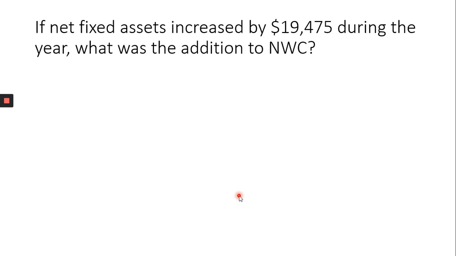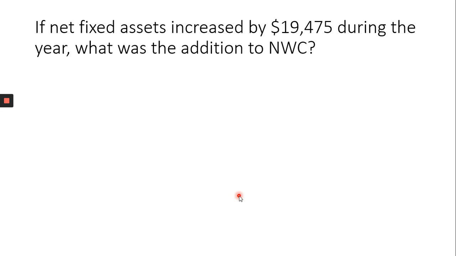Now let's move to the next question. It says, if net fixed assets increased by $19,475 during the year, what was the addition to the NWC? NWC means net working capital.